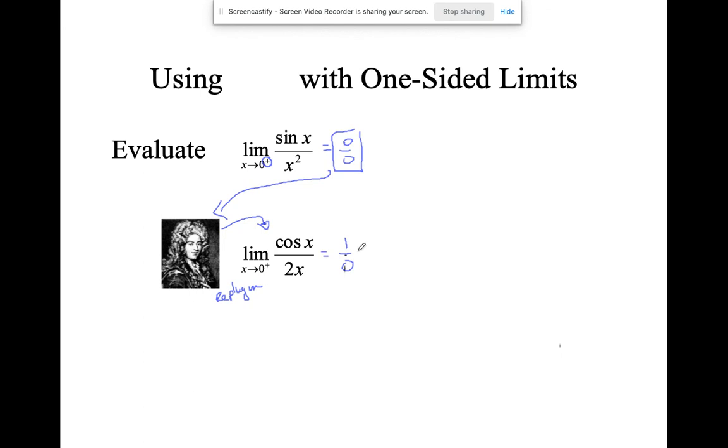Is that indeterminate? I don't think so. That's not indeterminate. 1 over 0 is not 0 over 0. So what do I have? Here, this is undefined. That's not indeterminate, and if it's not indeterminate, I can't keep using Guillaume.